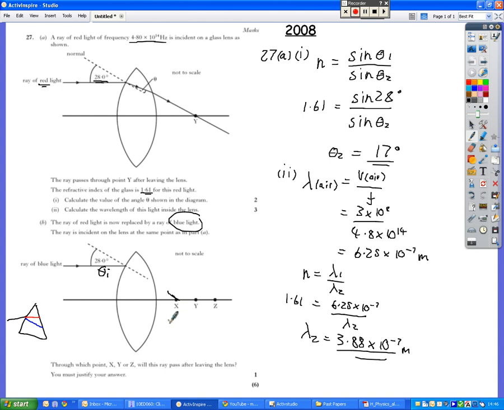So you're looking to say that it goes through point X. Two ways you could describe that. You could say blue light refracts more. Or alternatively, you could say that the refractive index of blue light is greater than the refractive index of red light. So in other words, it causes the light to bend more.